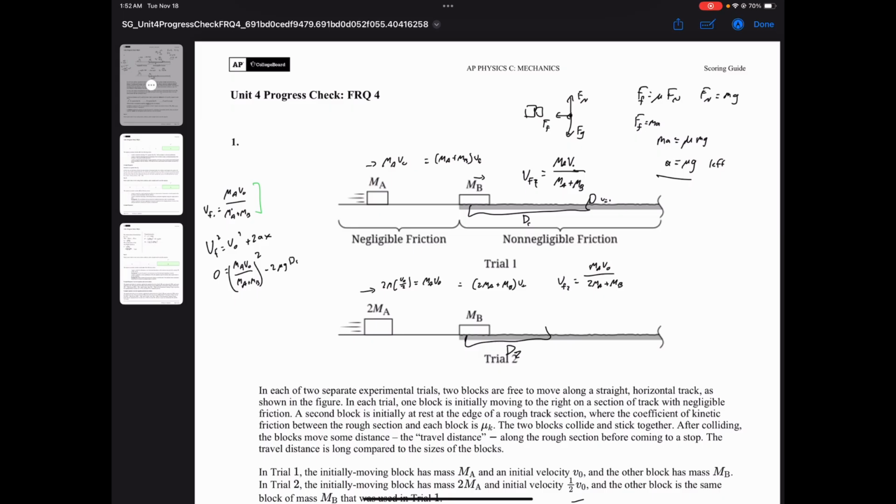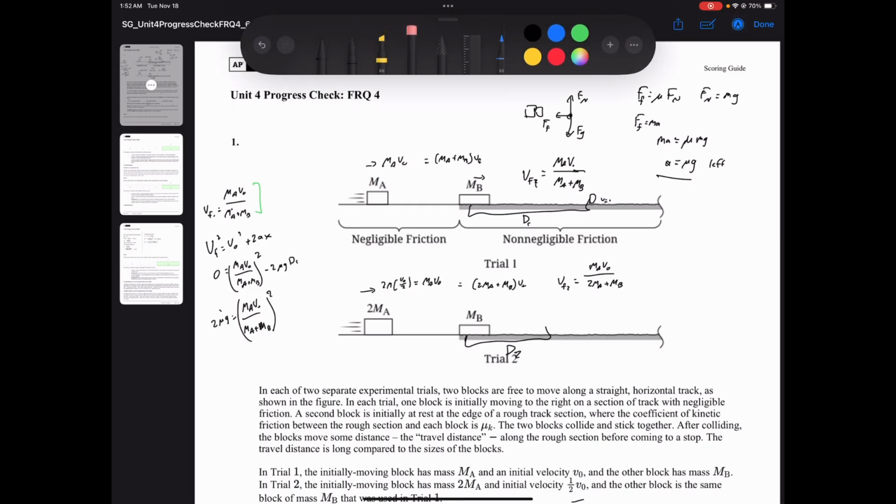Then I'm going to move this to the other side, and divide both sides by 2 mu g. I'm going to do both steps at the same time in the interest of time. So ma v naught over ma plus mb, all of that squared.